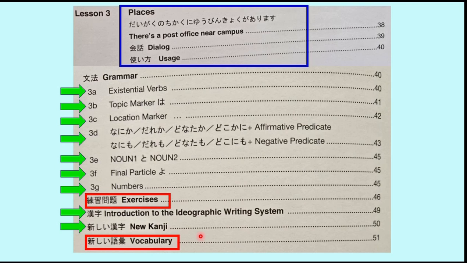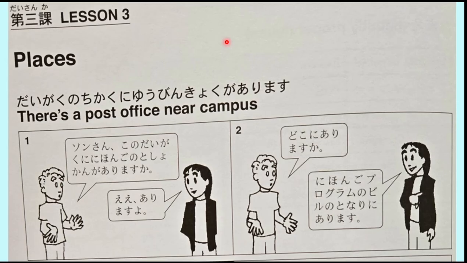So in today's lesson we are going to look at the dialogue and usage of a conversation. There is a post office near campus. So let's see what this dialogue is all about. This is the first page of lesson 3, which is places.